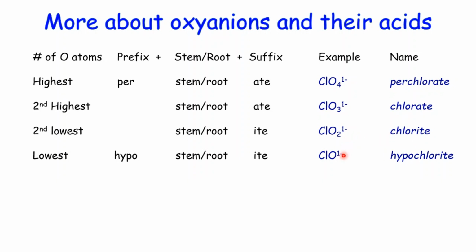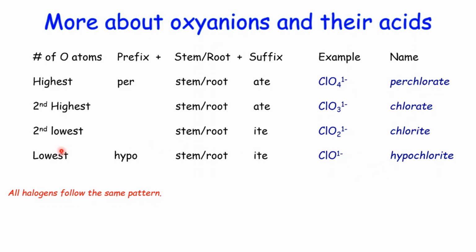Then how about one oxygen atom less than the one ending with ite? It's still ite, still chlorite in this case, but we use hypo. So therefore the last one is hypochlorite.